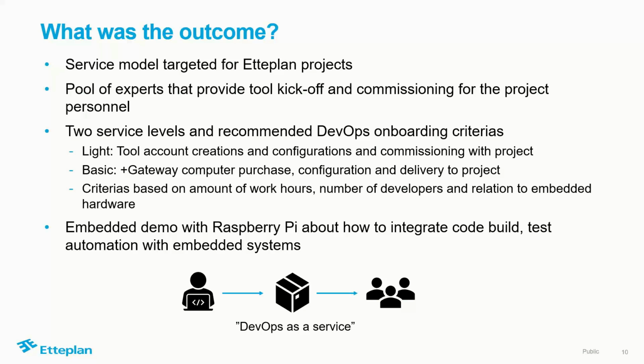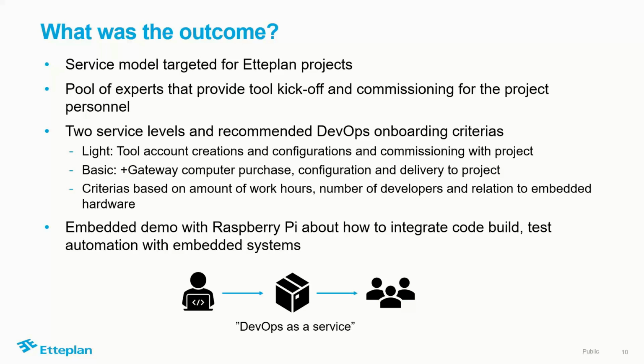So basically, this light level was configuring different tool accounts, founding DevOps project bases, and even already configuring some GitLab connections, putting together perhaps some first pipelines for the project purposes.